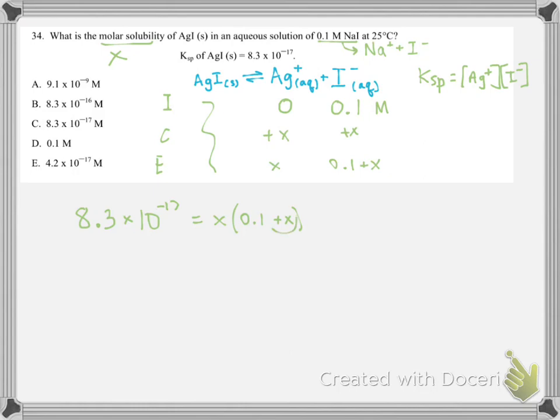And so we can say that any added or subtracted x's can be ignored. And so our expression then is just 0.1 times x is equal to this value. And so x is just going to be equal to 8.3 times 10 to the negative 16th molar. And that'll be our molar solubility.